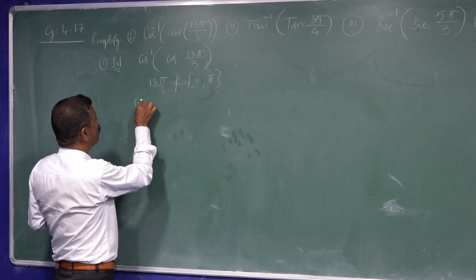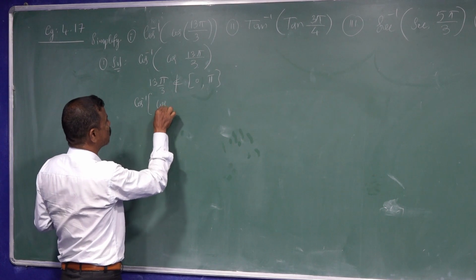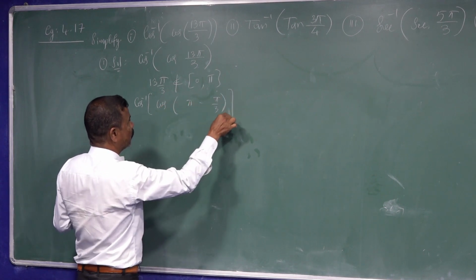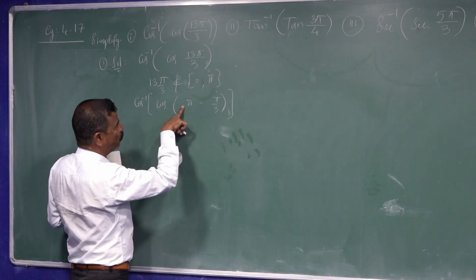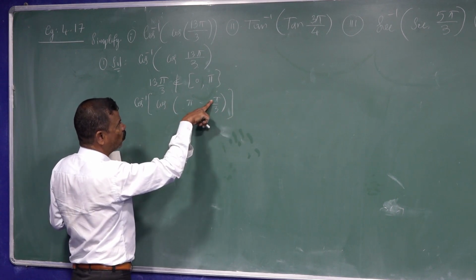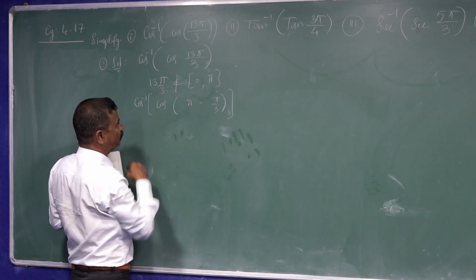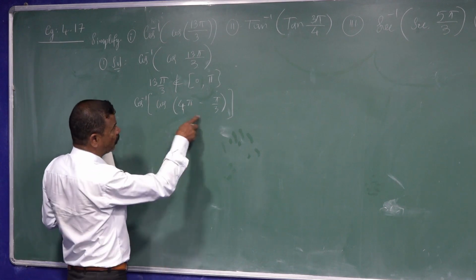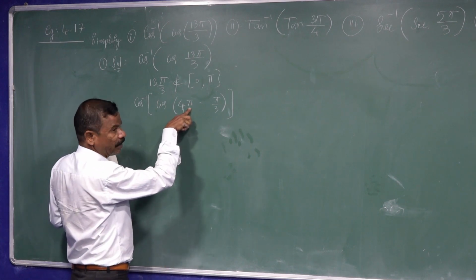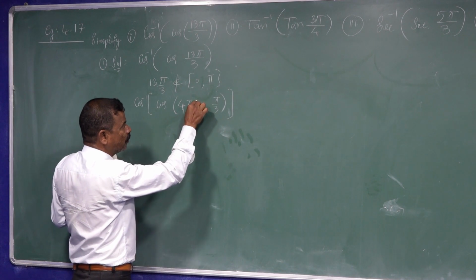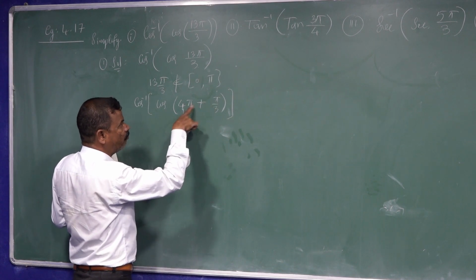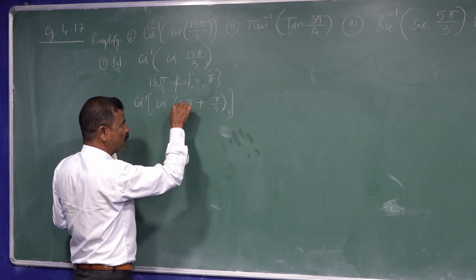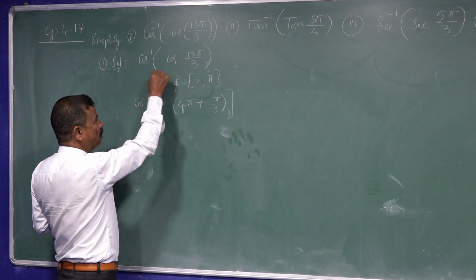So that's why 13π/3 is reduced to [0, π]. How do we reduce cos inverse of cos? Put π here, π/3. In this, 3 into 5 minus π, 2π coming. But we need 13π/3, so how much? Putting 4 here, 3 4s are 12π, plus 1, 13π/3 coming. Now this is the suitable value for balance purpose.